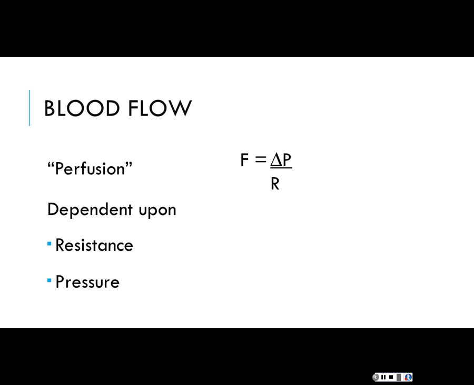So the flow of blood is directly related to the pressure gradient. Yet it is inversely related to resistance. That formula concisely summarizes what took us a couple of minutes to illustrate. If my resistance goes up, my blood flow goes down. If my pressure gradient goes up, my blood flow goes up.